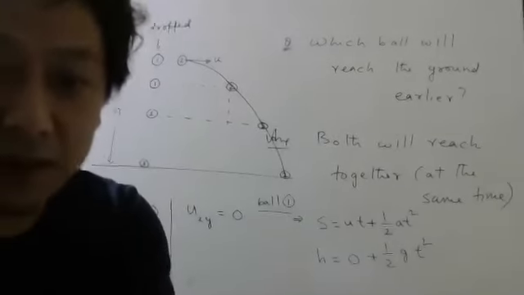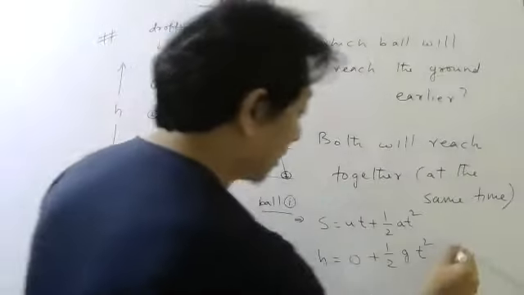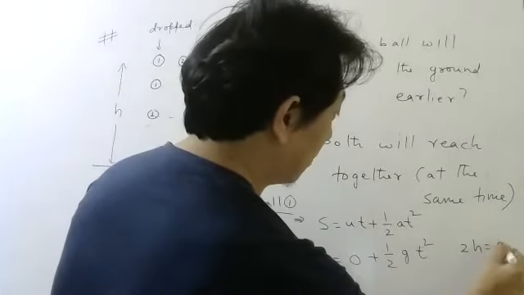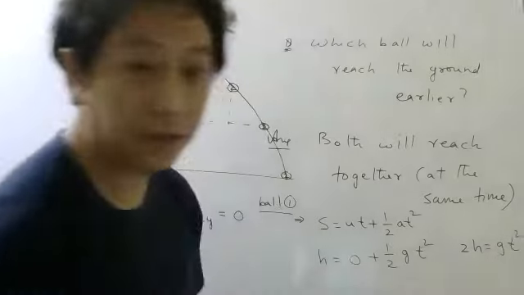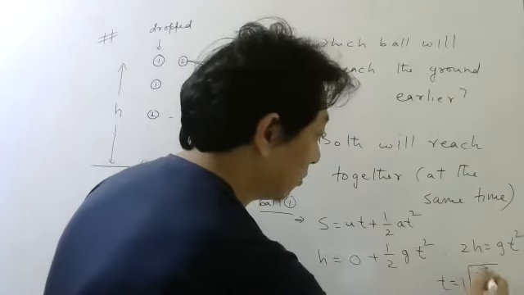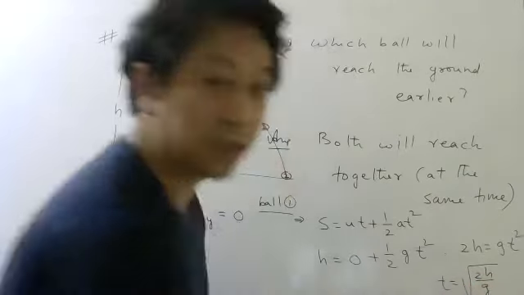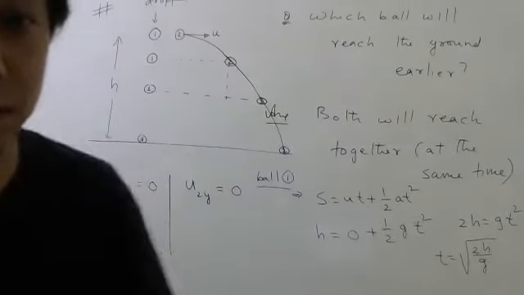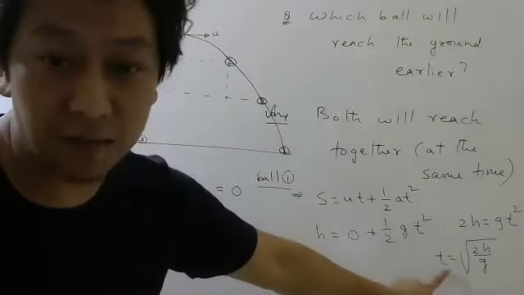Answer will be the same only. So what will be the time taken? Cross multiply. 2h equal to gt square. Correct or not? So time taken will be root of 2h by g. Everybody understood this part? Time taken by the first ball?